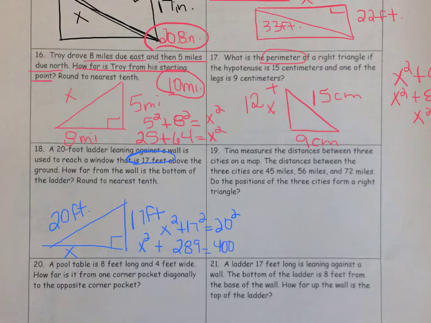Now I need to subtract 289 from 400, and then you get x squared equals 111. Now you need to take the square root of both sides, and you will get 10 5/10 feet.